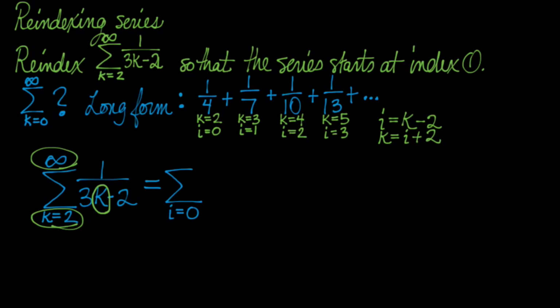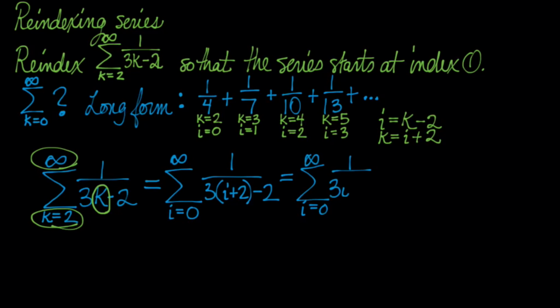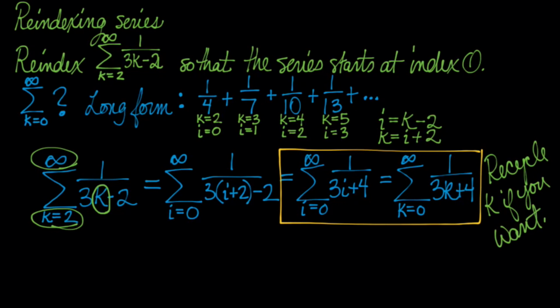As k goes infinitely high, i goes infinitely high. i is only 2 units behind, so it also gets infinitely large, so that doesn't change. And the substitution is just straight up algebra. I'm going to take away that letter k and replace it with i plus 2. I substitute this a little bit, I simplify this a little bit, and what I get is the series from 0 to infinity of 1 over 3k plus 4.